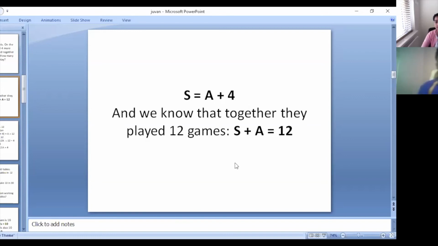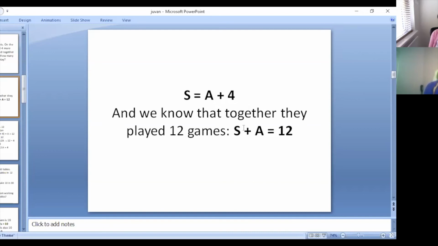So let's look at the first equation, S equals A plus 4. From this we know that the variable S equals nothing but A plus 4. So why don't we substitute that for S? See, we have the first equation, S equals A plus 4, so we can write it here.